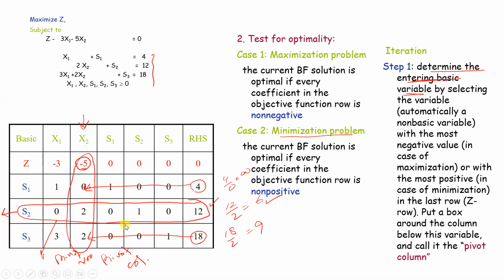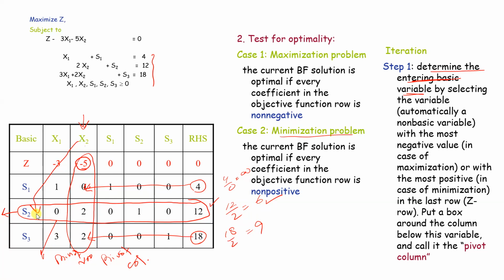So in order to get the new pivot row, S2 is replaced by X2. The new basic variable, which is the entering basic variable, is X2, and S2 is leaving. So S2 would be replaced by X2.